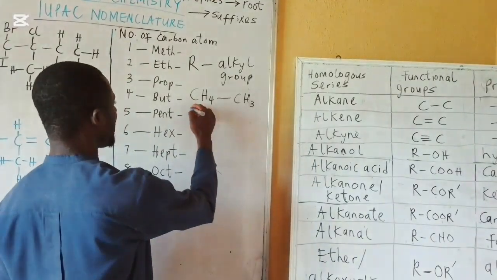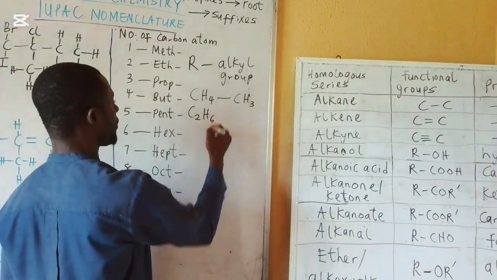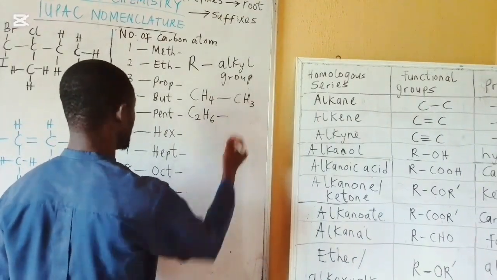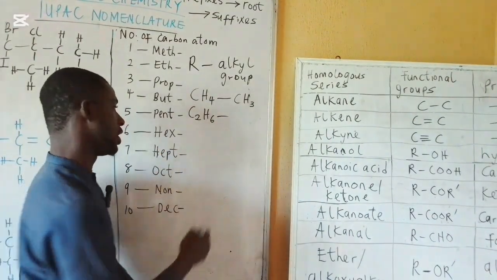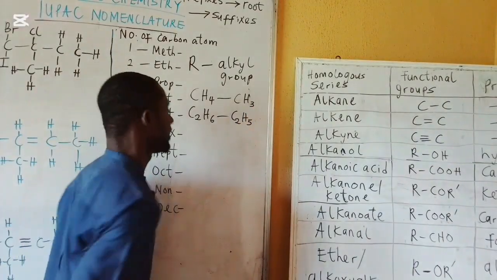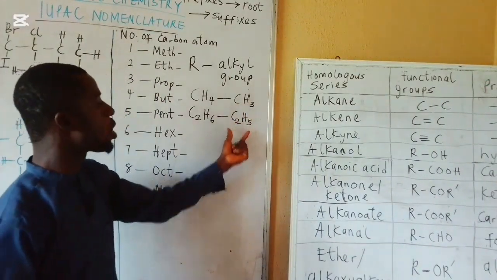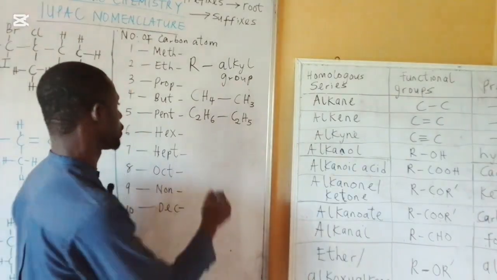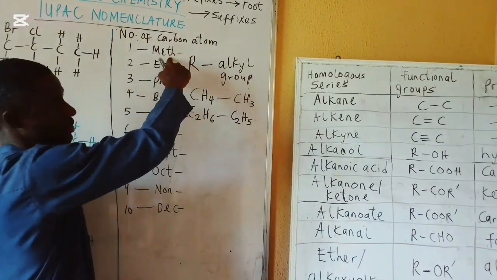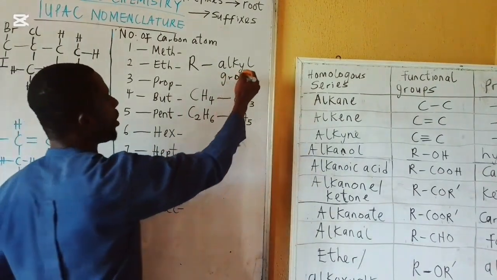Now we have another one, C2H6. This is the molecular formula for ethane. Let's say this ethane loses one hydrogen. It will become C2H5. It has become an alkyl group and it will be called ethyl. So what ends the name of this group is YL.